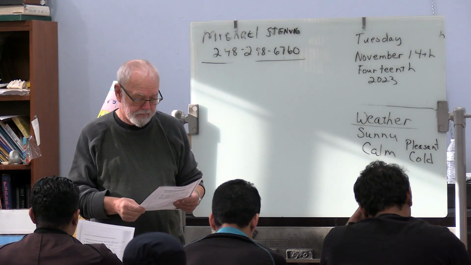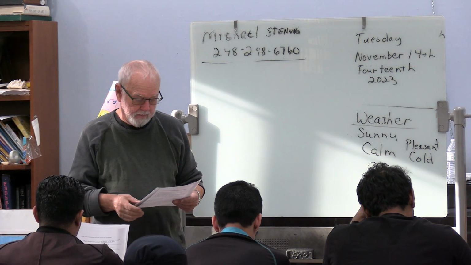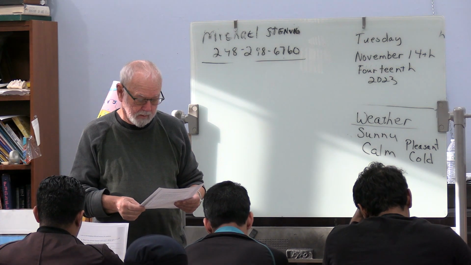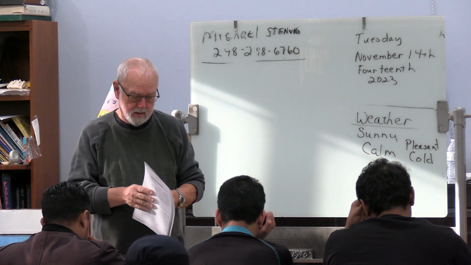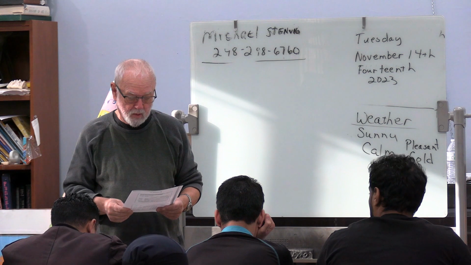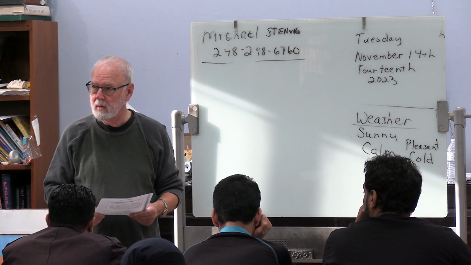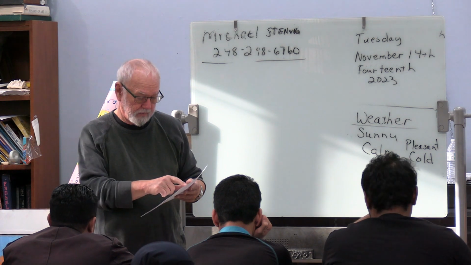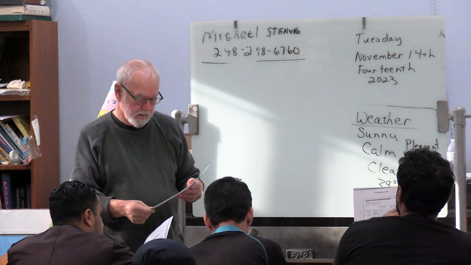So, number two. What's the balance from the previous month? 0. Keep going. Everyone have 0? Balance from the previous month. Balance.